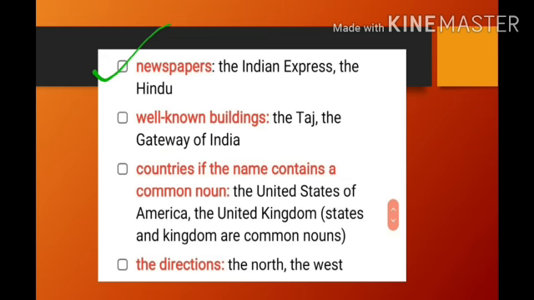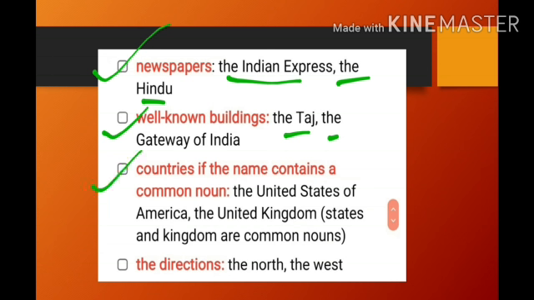Before the names of newspapers also we can use the Indian Express, the Hindu, the Times of India.